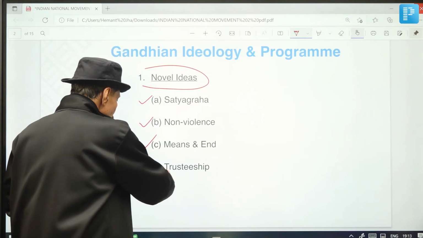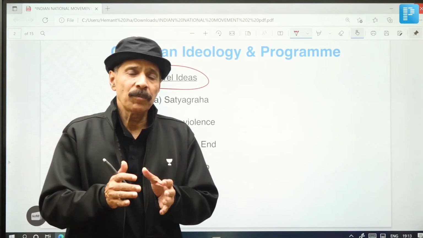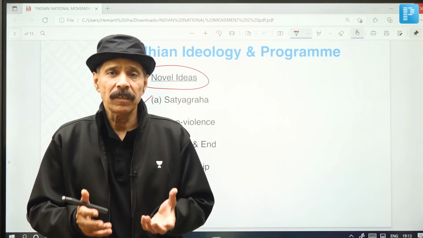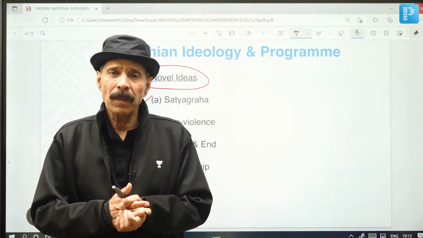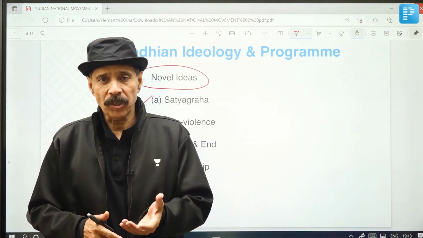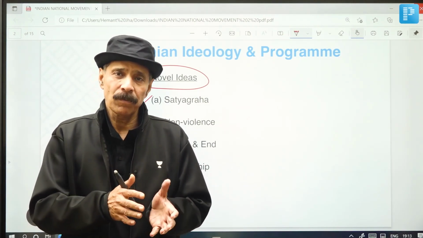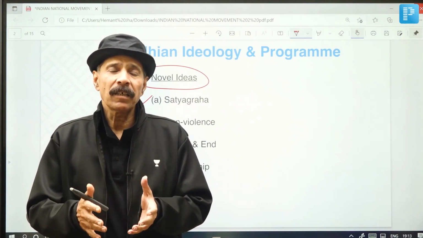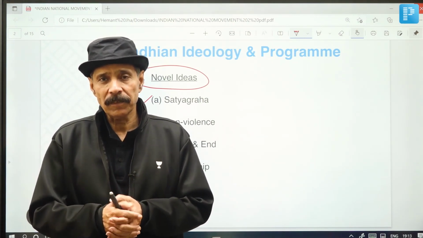Next is trusteeship. The trusteeship theory of Gandhi represented his approach to social harmony. He was a believer in social change, but by means of promoting social harmony, not by class struggle or class conflict as we find in the socialist ideas.